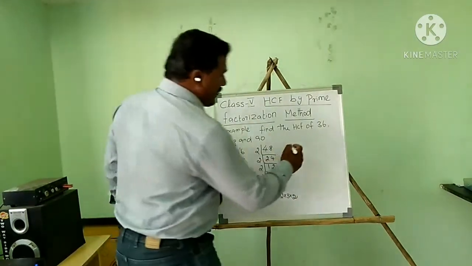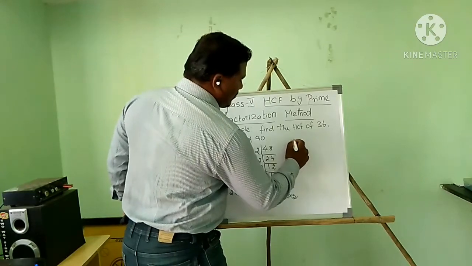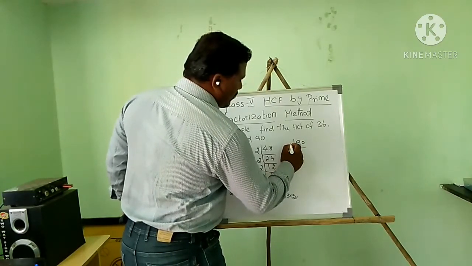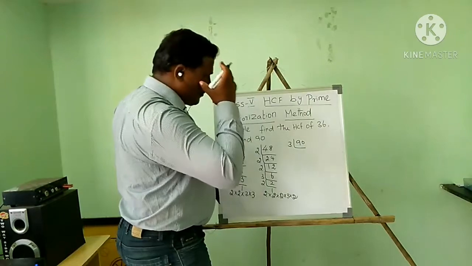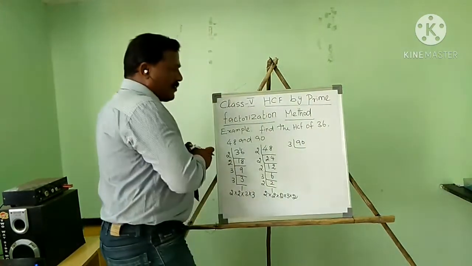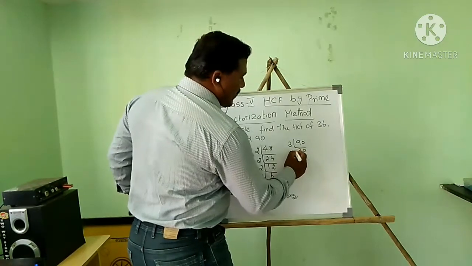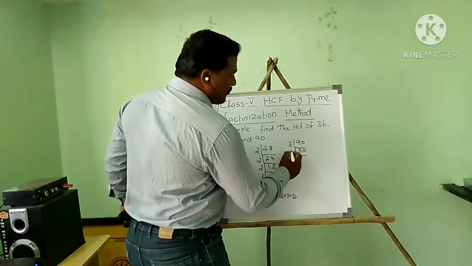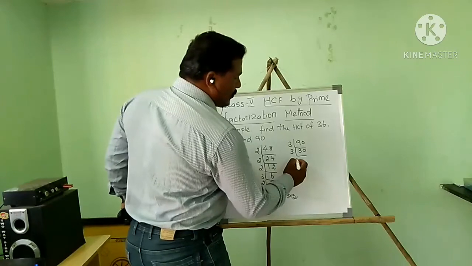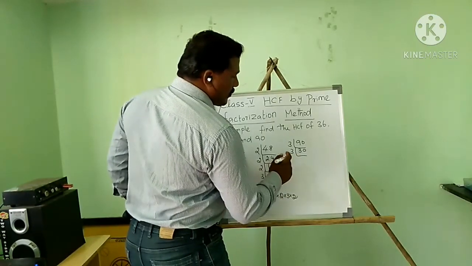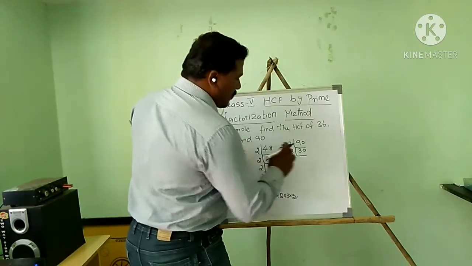Okay. Now 90. Let me take 3. So 3 30's are 90. Okay.